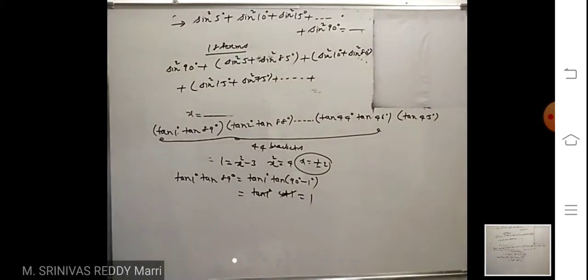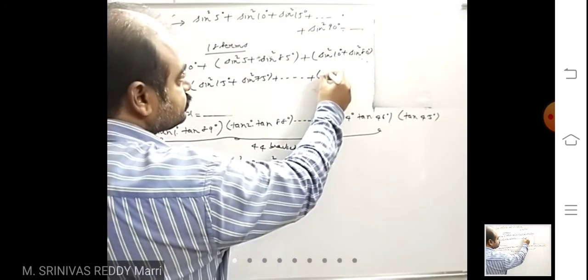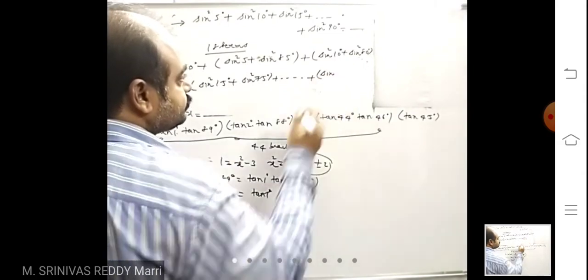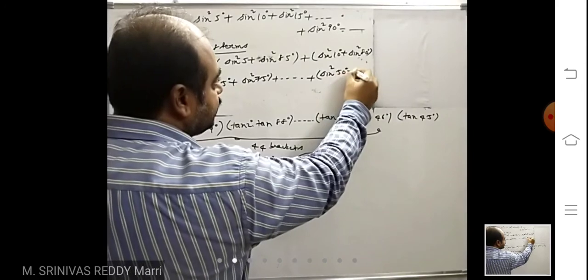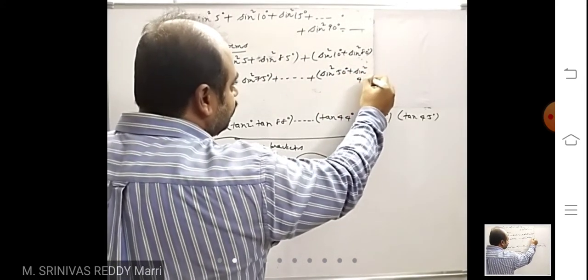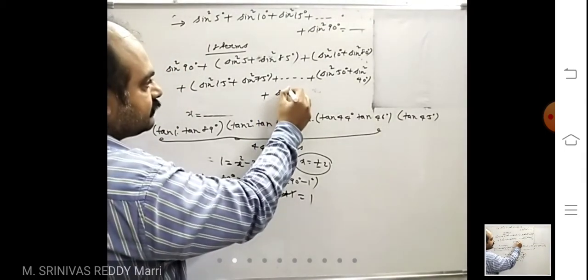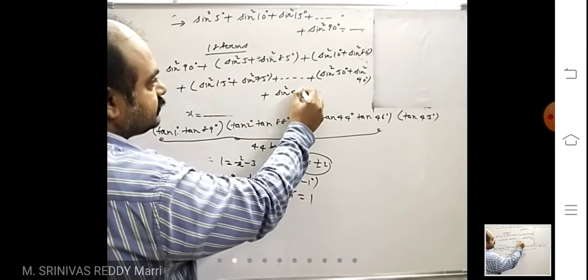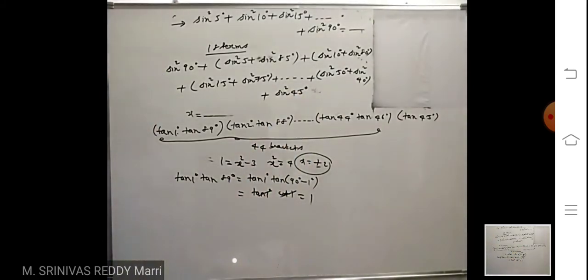And so on. Lastly, what can I club? Sine square 50 plus sine square 40. Sine square 45 will be separate. Only one sine square 45 will be there, right?